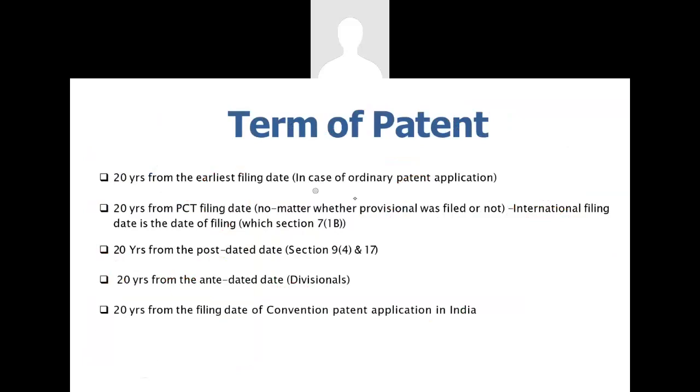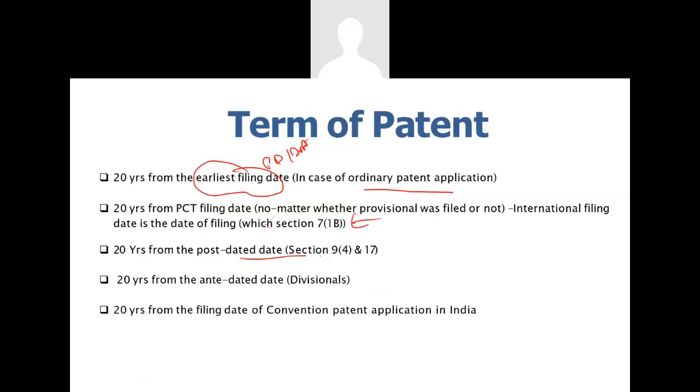So in nutshell, when you have to calculate the term of patent for an ordinary application, it would be the earliest filing date. This could be a priority date, this could be a date of filing also, but the earliest one. For PCT, no matter what, international filing date is considered as the date of filing. This is covered in section 171B.